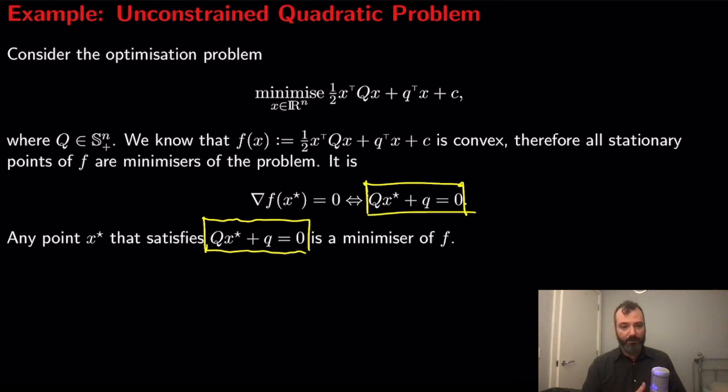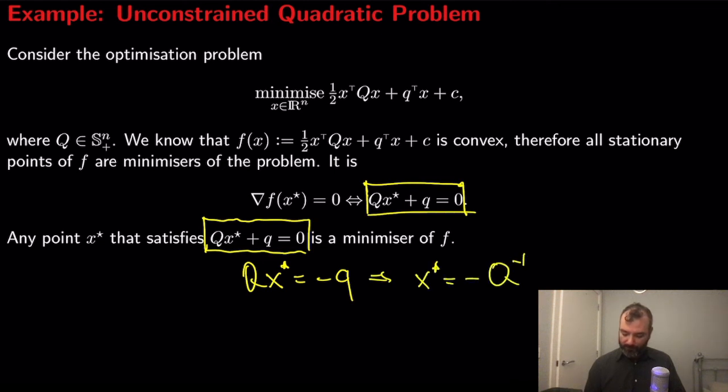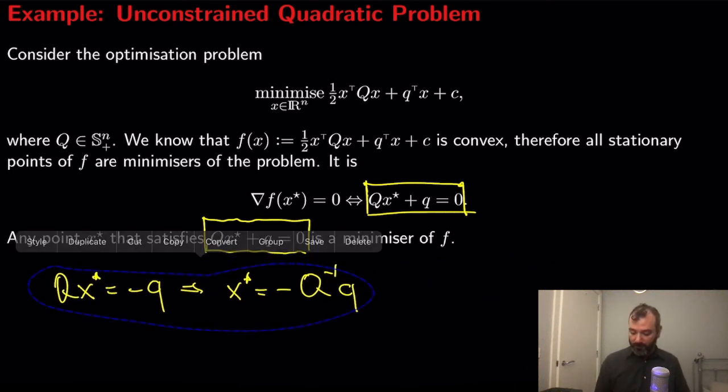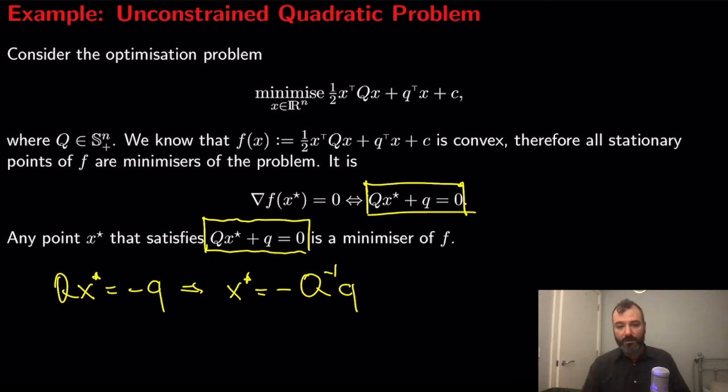Well, can you solve this equation? Can you say that x star is equal to minus Q inverse times q? Well, you can do that only if you know that Q is non-singular.